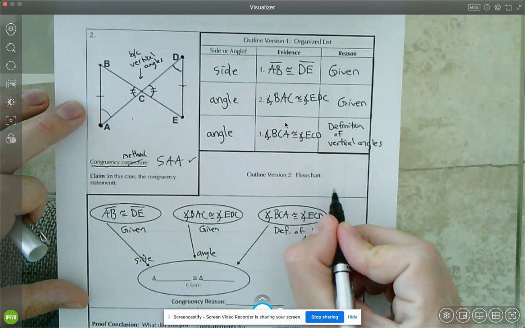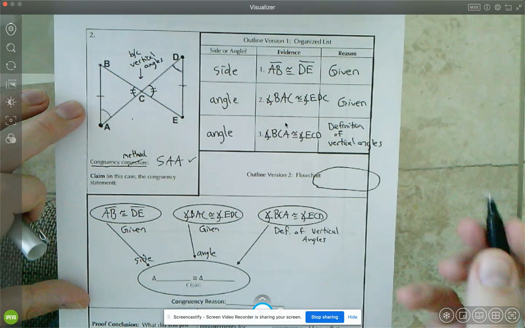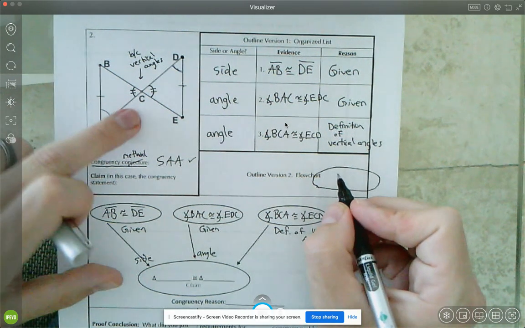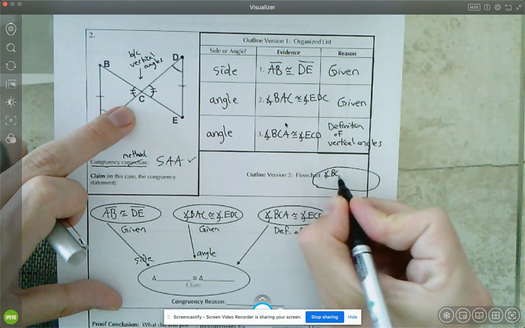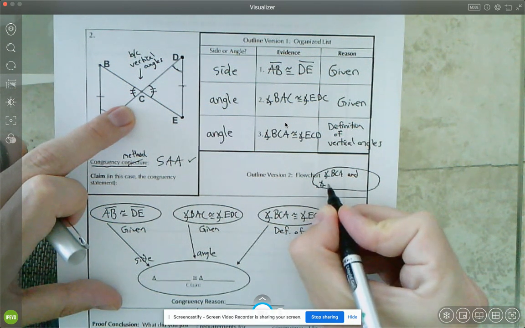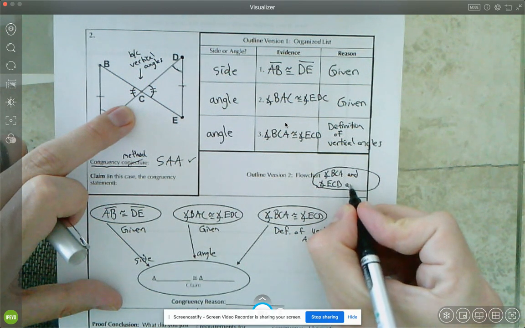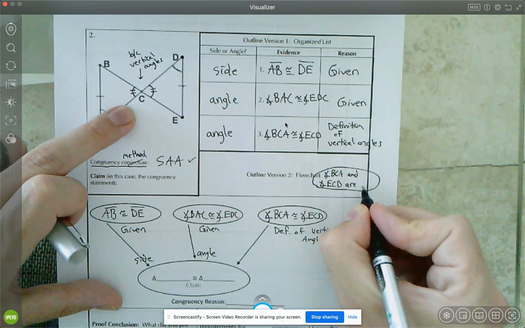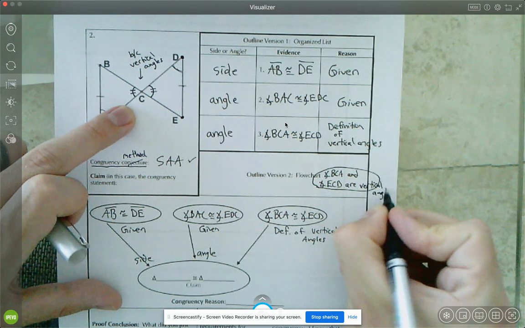So here's what we're going to do. We're going to add a bubble right here. And here's what the picture gave us. The picture gave us that angle BCA and angle ECD are, oh dear, vertical angles.